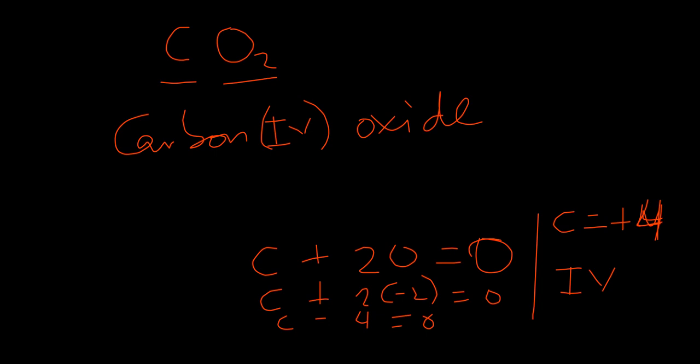So here we have CO, and we are to name this compound. Of course, we name the first part then the second part. The first part is still carbon, but carbon we know has variable oxidation state. So we need to calculate the oxidation state of this particular carbon in the compound. Let's do that quickly and put that in the parentheses before we proceed. The charge on this compound is 0, and it equals the algebraic sum.